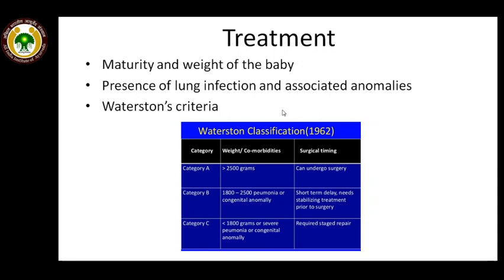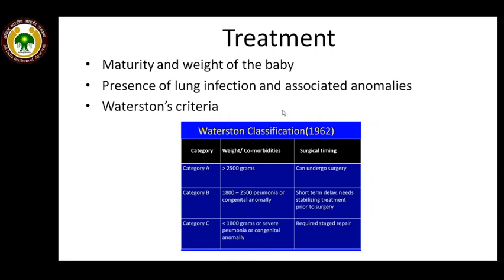it is category A. The baby can undergo surgery at any time. If the neonate's weight is around 1800 to 2500 grams and there is associated pneumonia or any other congenital anomalies, then there should be a short-term delay and it needs stabilization treatment before the commencement of surgery.